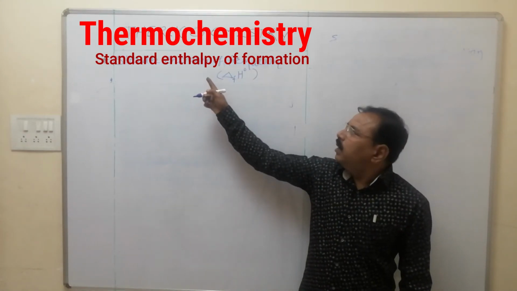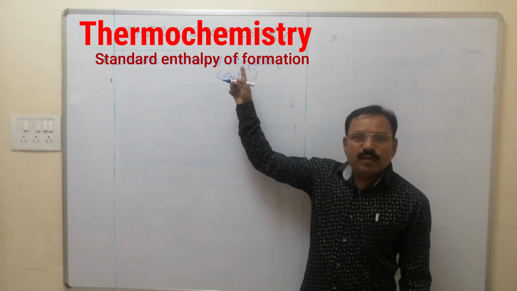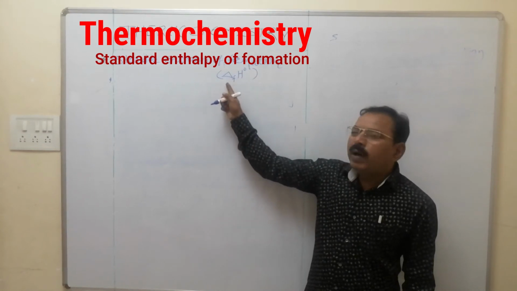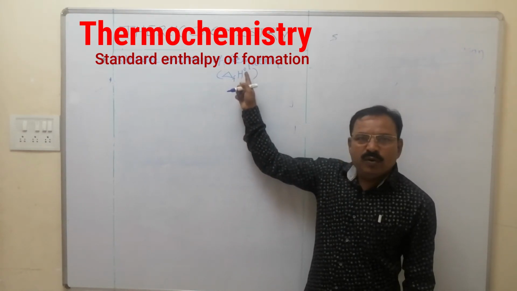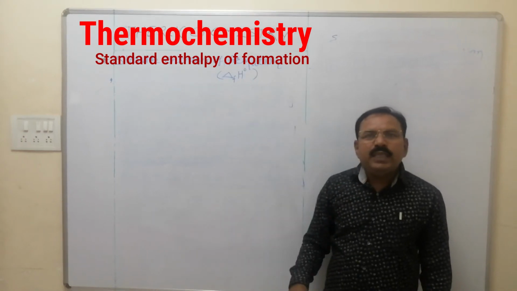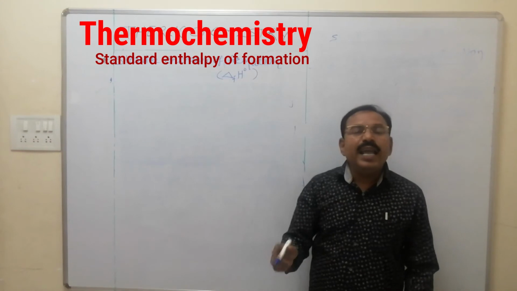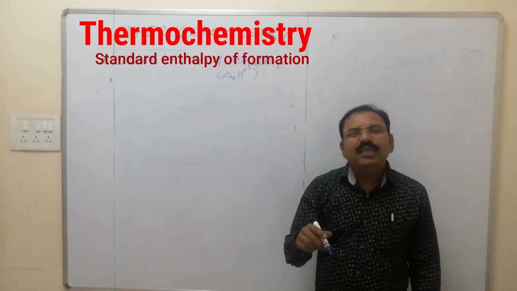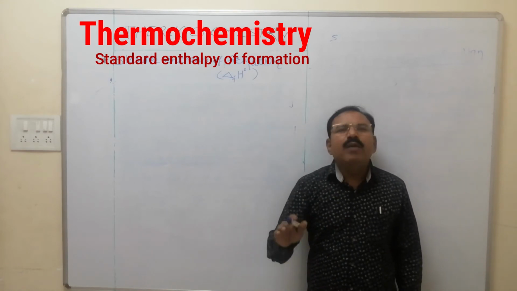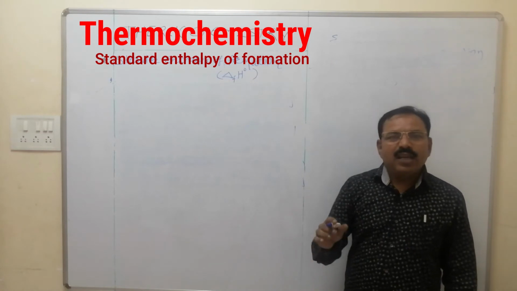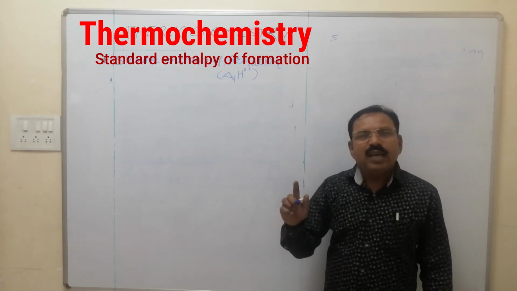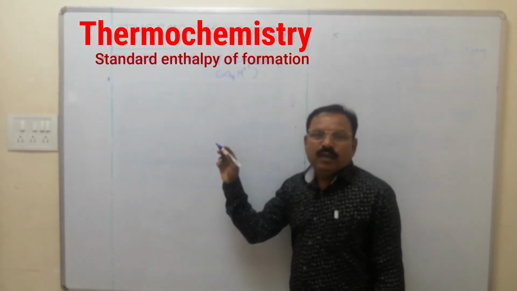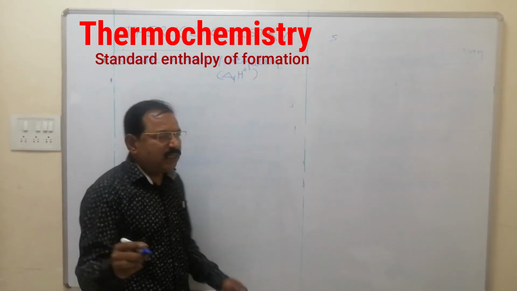Now the standard enthalpy of formation, or also called standard heat of formation. It is denoted by delta f H 0. The definition: the enthalpy change that accompanies a reaction in which 1 mole of pure compound in its standard state is formed from its elements in their standard states is called standard enthalpy of formation of compound. Example: the reaction between hydrogen gas and oxygen gas.